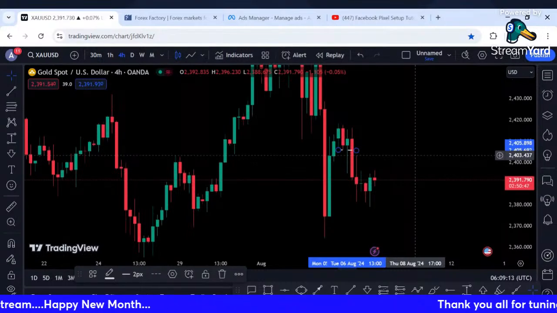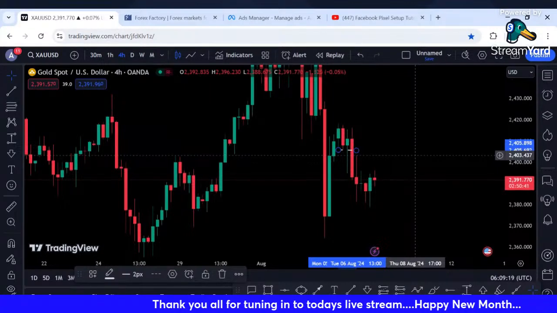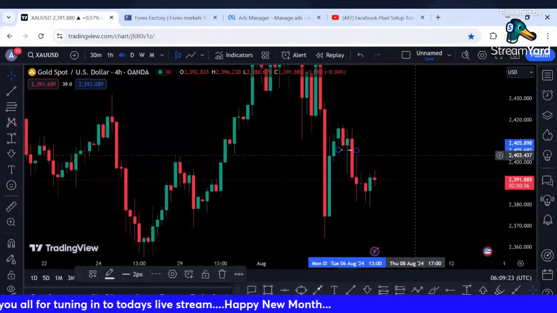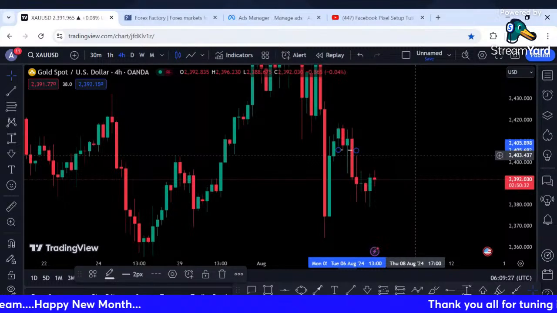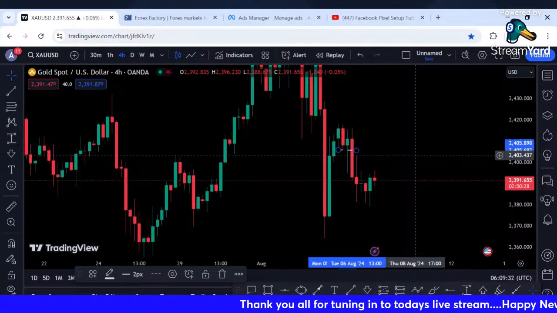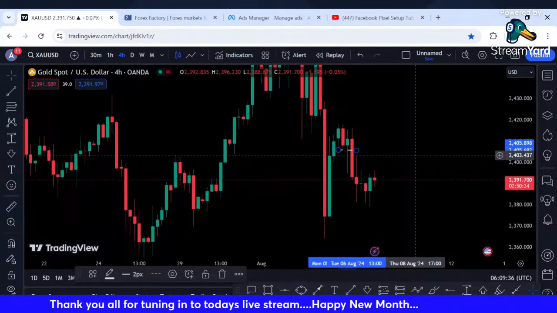The support and resistances on those time frames are not that strong to hold. So usually I use the higher time frame support and resistances as my stop loss area.